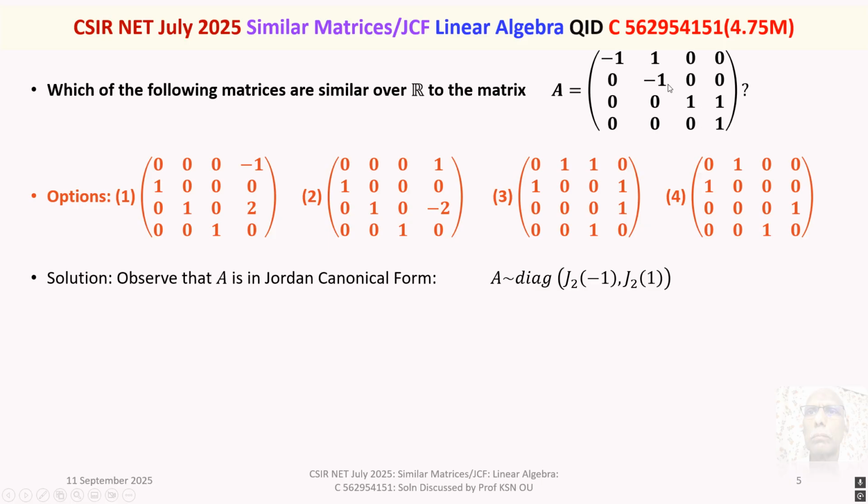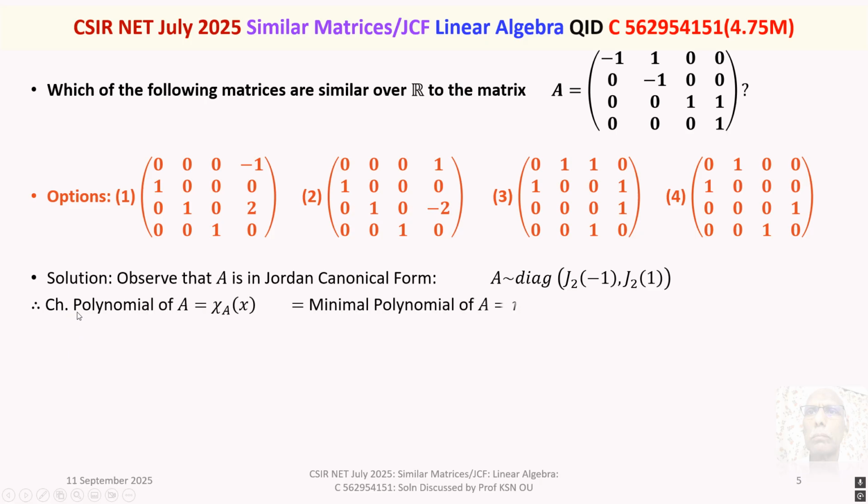So these are the two Jordan blocks. So A is equivalent to the Jordan form J2(-1) ⊕ J2(1). Along the diagonal, these are the Jordan blocks of size 2 each. Right.